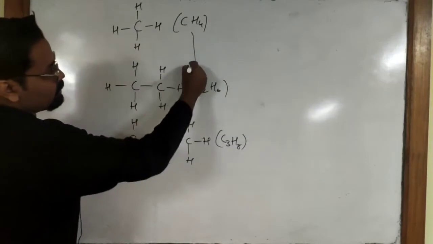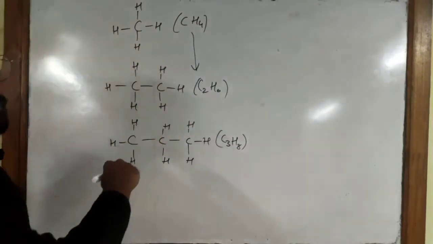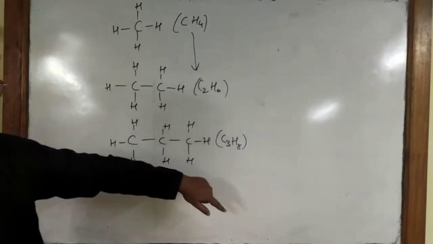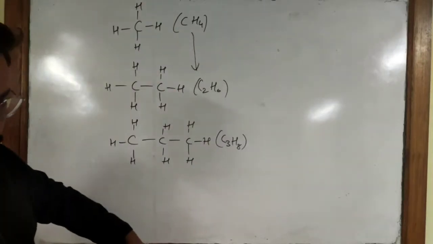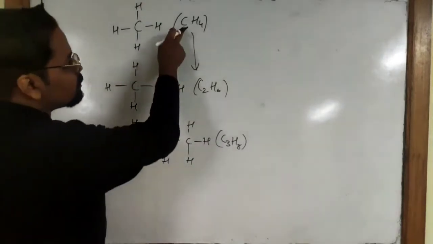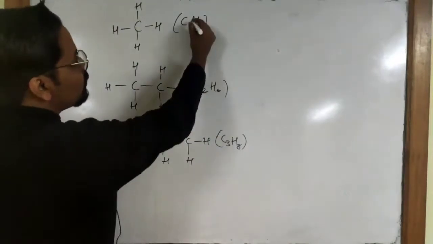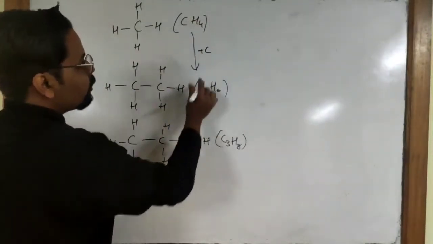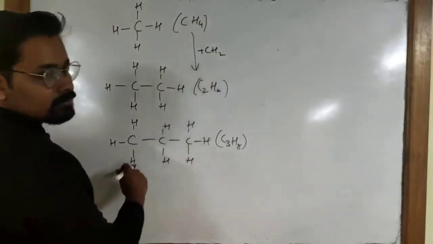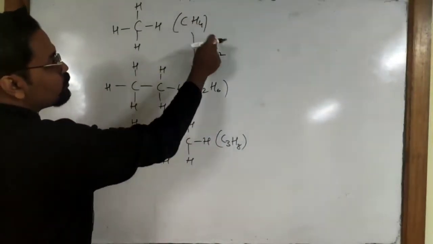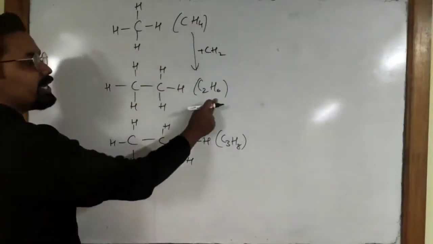So what is the difference? In order to reach from this compound to this compound, we have just increased the number of carbon. So it is a series of carbon compounds. What is the difference between this one to this one? It is 1 carbon that has been added along with 2 hydrogen: C2, H2 and H4 and H2 make H6.